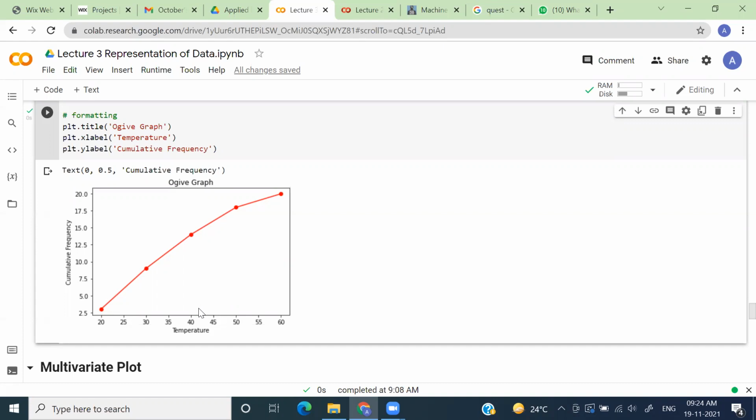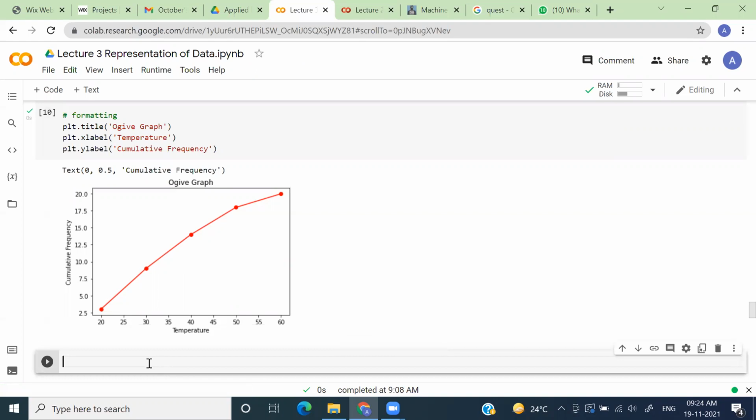I only have a doubt: would it always increase, and can you reason out why? Yep, of course. Let's say I'm having classes 0 to 10, 10 to 20, 20 to 30, 30 to 40. So this will come in your x-axis.